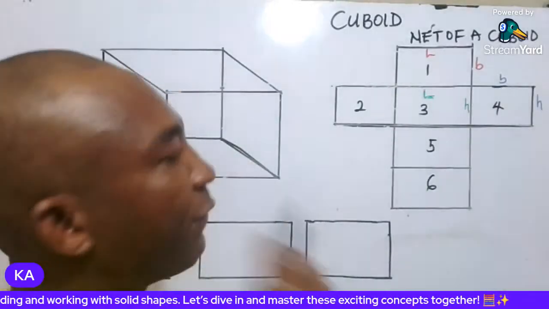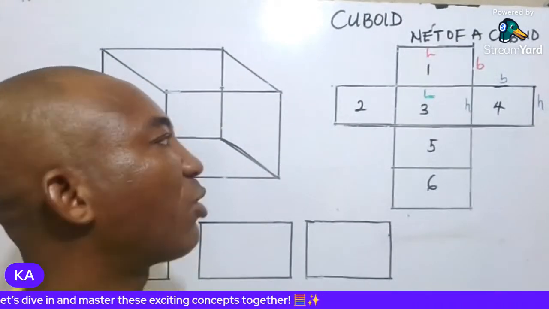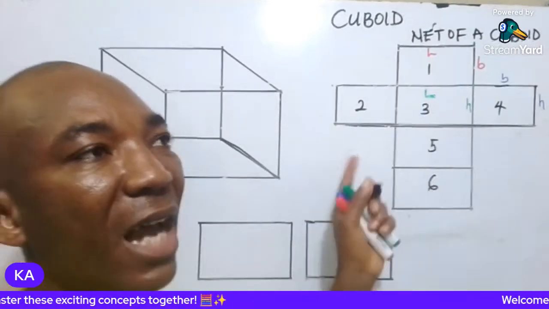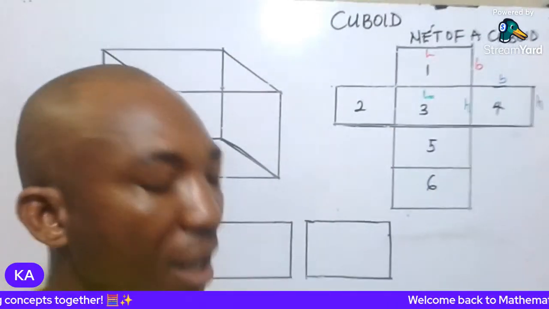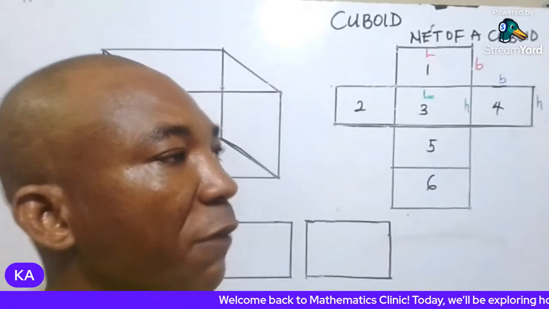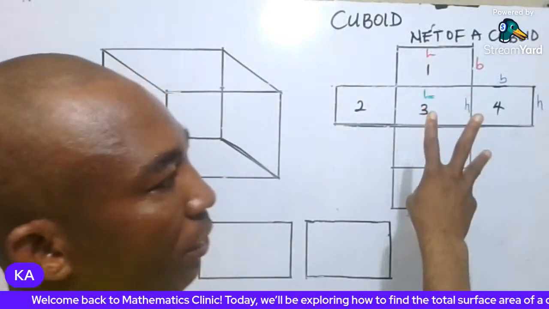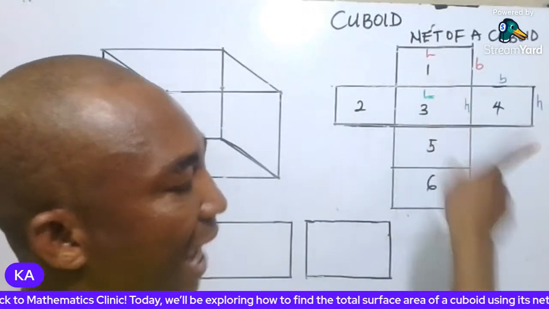So that means each face on it looks like a rectangle. That shows we are going to have 6 rectangles on a cuboid. And we want to find the total surface area of that cuboid. The first thing to do is that this is a 3-dimensional shape that has length, breadth, and height.